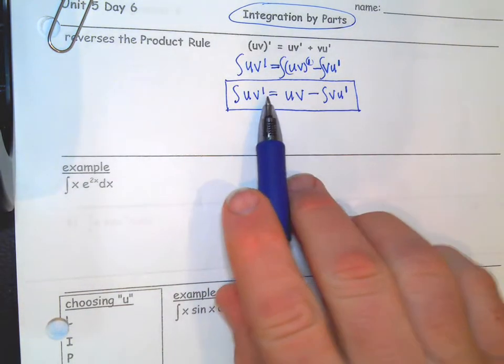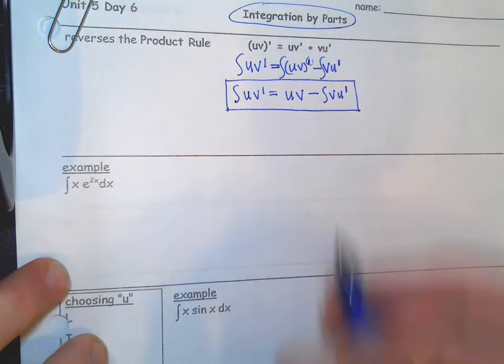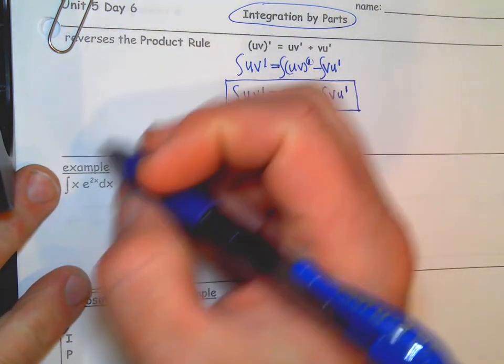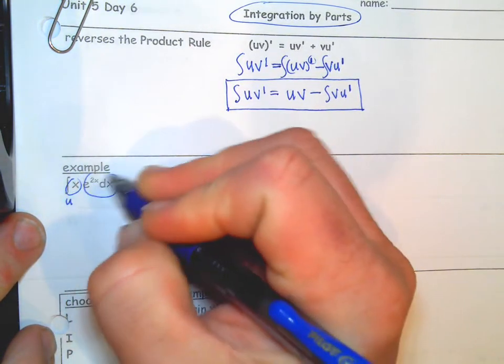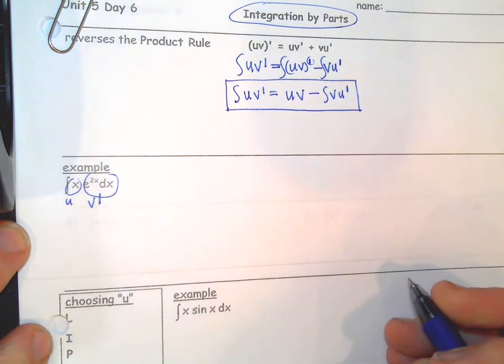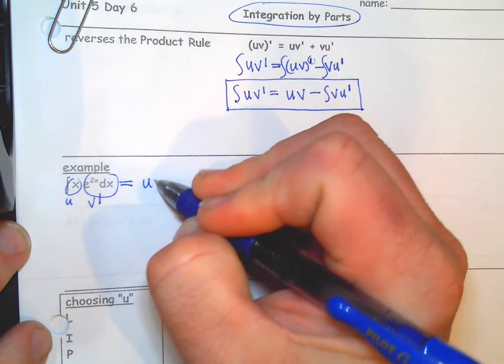Then their derivatives and antiderivatives show up over here. So in this case, we could say that this is our u and this is our v prime.